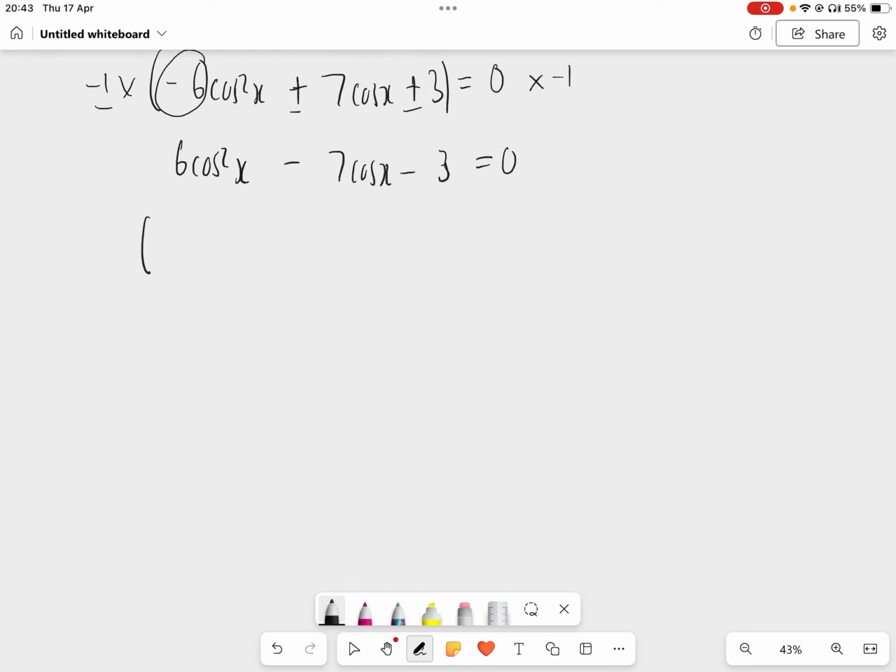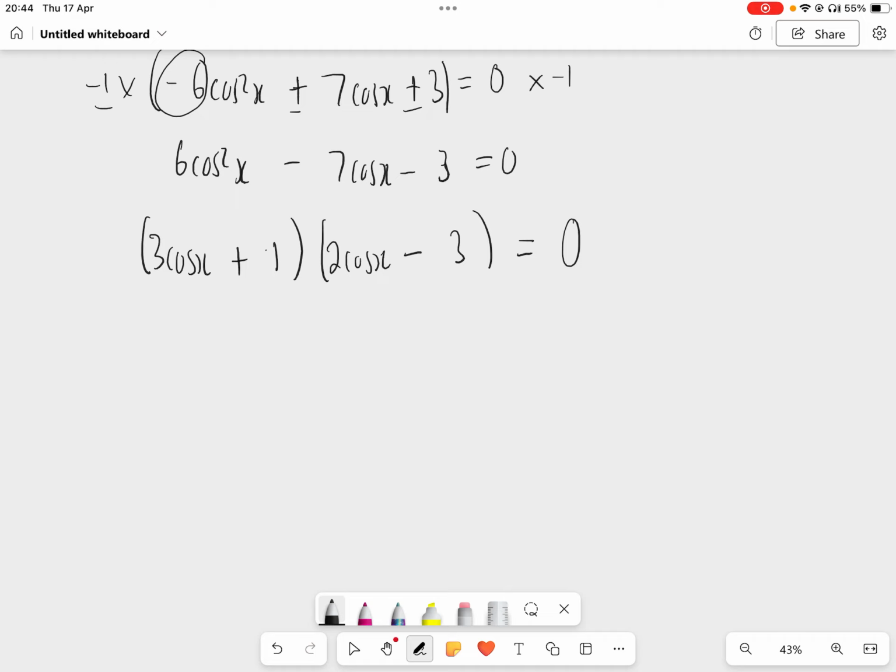There are different ways of factorizing, but the one I'm going to use is that here we're going to have a 3 cos x, and a 2 cos x, and here we need a 3 and here we need a 1, so that here we have a negative and here a positive.